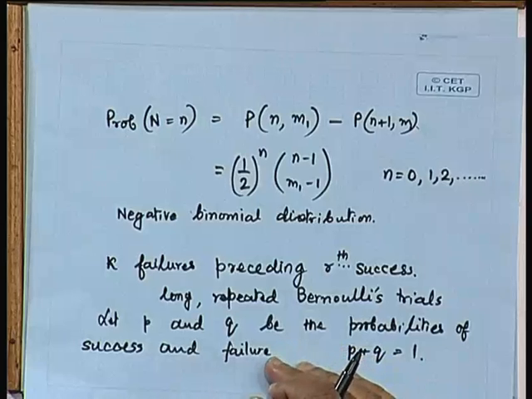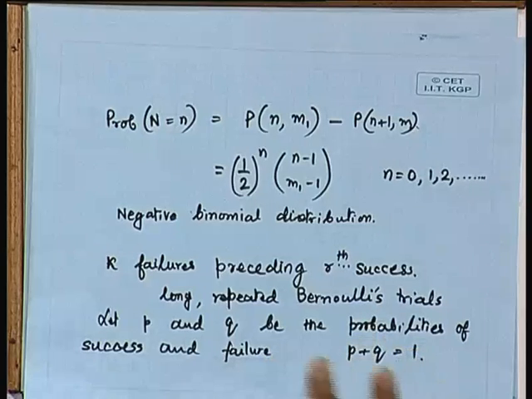We compute for n equal to 0, 1, 2, 3 and so on, and we get some kind of distribution pattern, with n considered to be a random variable. From that distribution, it is possible for us to find the expectation of n, because that is very important.